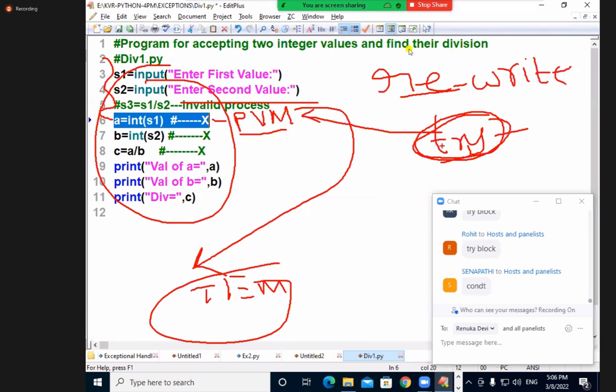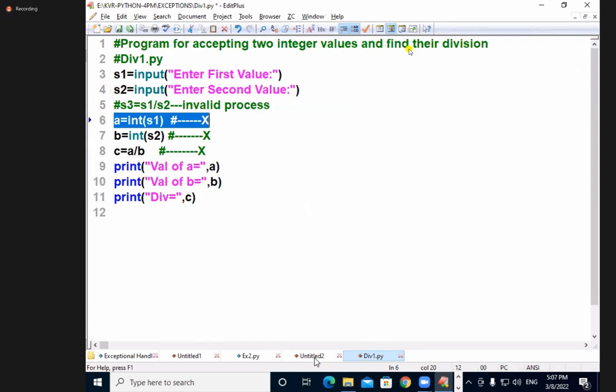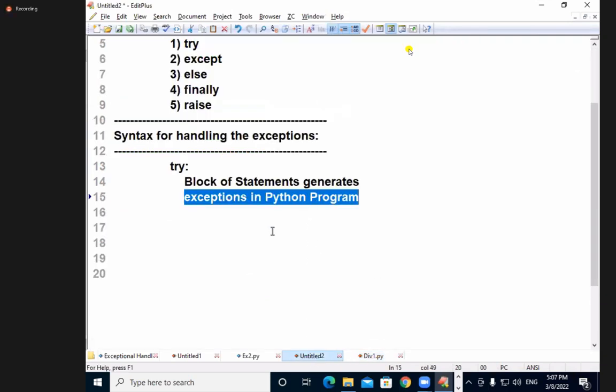A user-friendly message. So I'm writing try, and the PVM will not go out of the program flow. So once the statements generate an exception, right under which block? So once the exception is occurring from now onwards, where is that exception occurring?